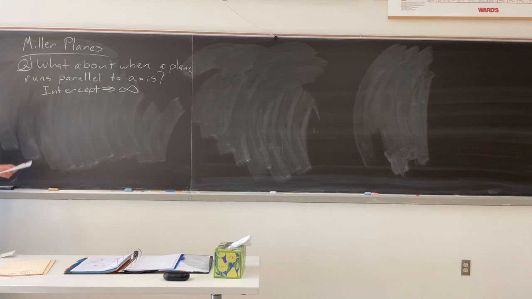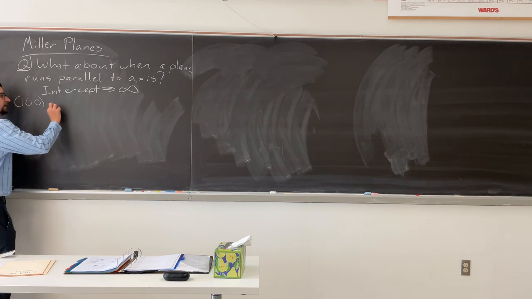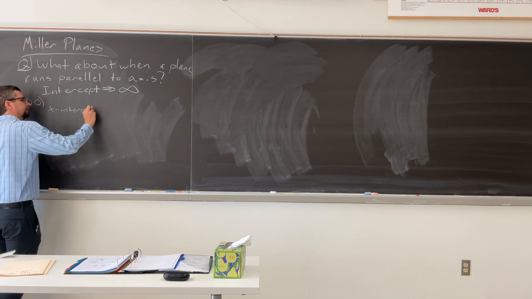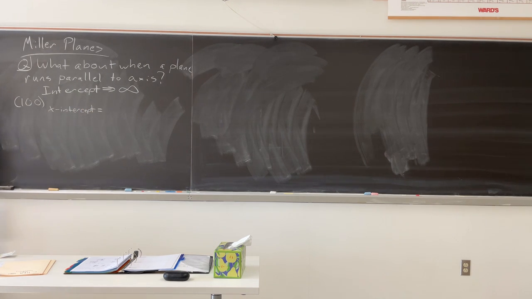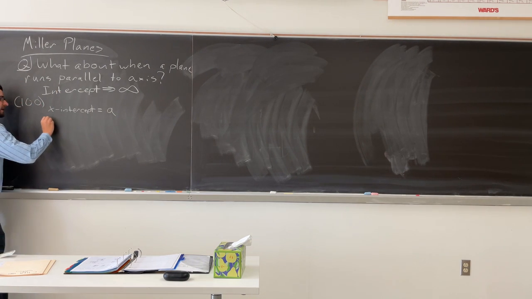Intercept is infinity. So let's say we're talking about the first plane. So if we have a 1, 0, 0, where is our x-intercept? Yep, it's at A, the lattice vector. What about the y and z?